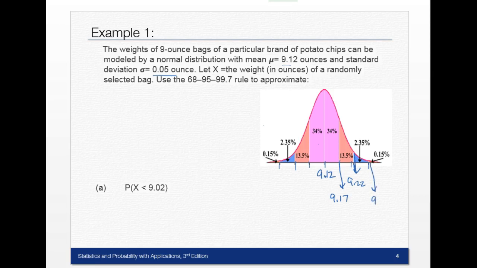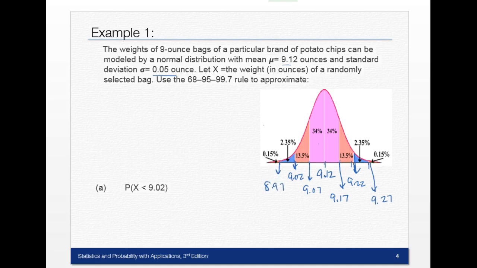And then one more would be 9.27. All I'm doing is adding 0.05, the standard deviation, each time. Now going to the left, I'm going to subtract the 0.05. So 9.12 minus 0.05 gives me 9.07. 2 standard deviations down would be 9.02, and 3 would be 8.97.